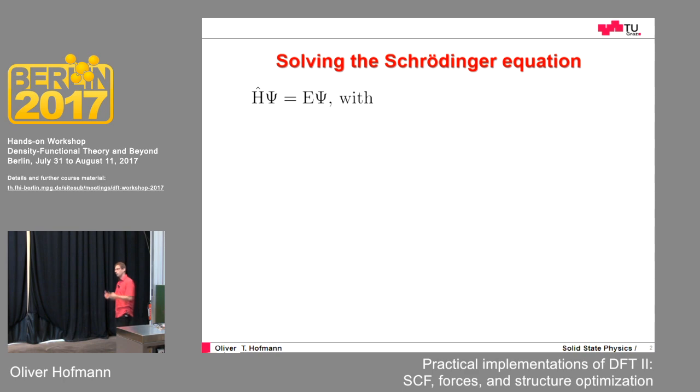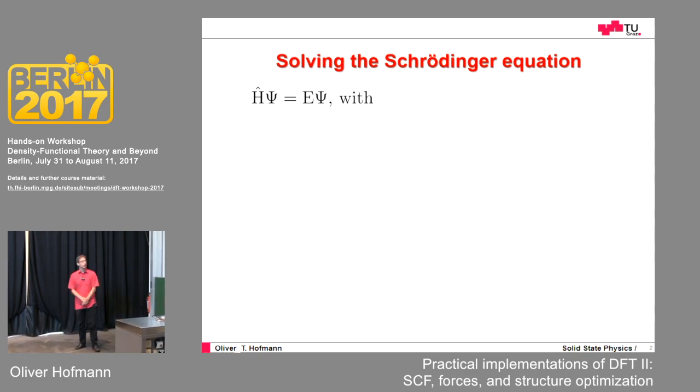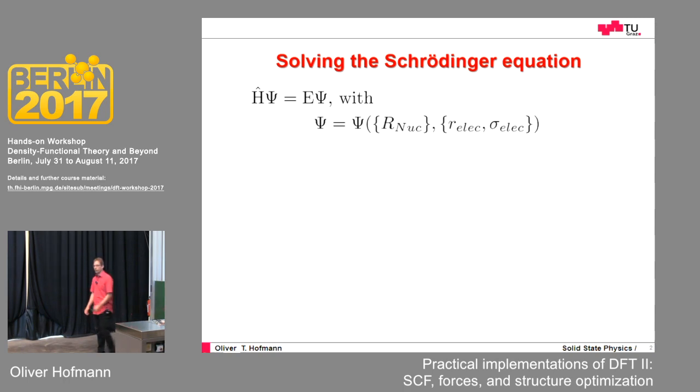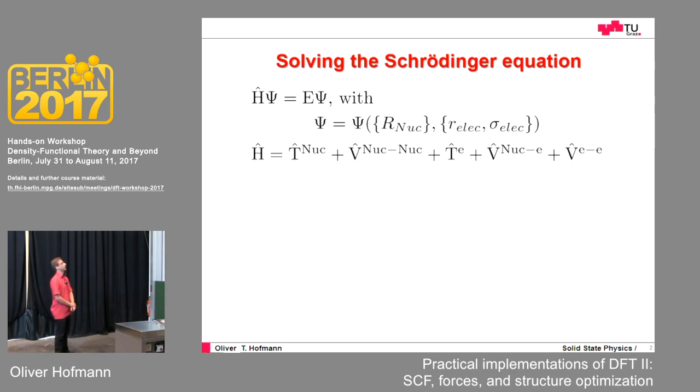Whatever we want to do with our calculation, we want to solve the Schrödinger equation, where the wave function is basically given as a function of the nuclear coordinates and the electronic and spin coordinates.